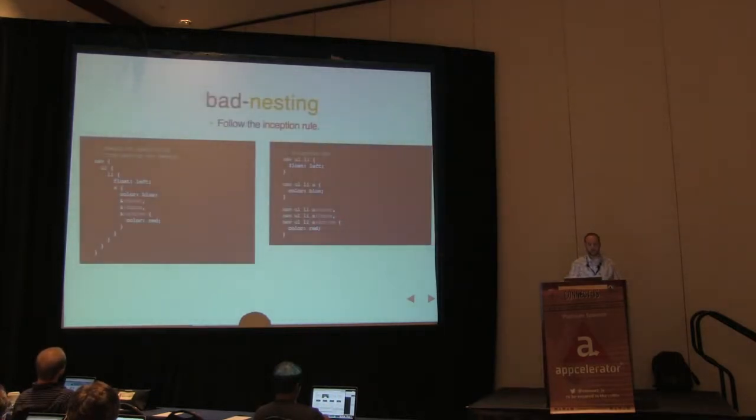All right, so here's an example of bad nesting in Sass. Nesting, when you first start using Sass, nesting feels so good, right? Like you can literally match your HTML structure with your CSS and it's organized, it just feels right.